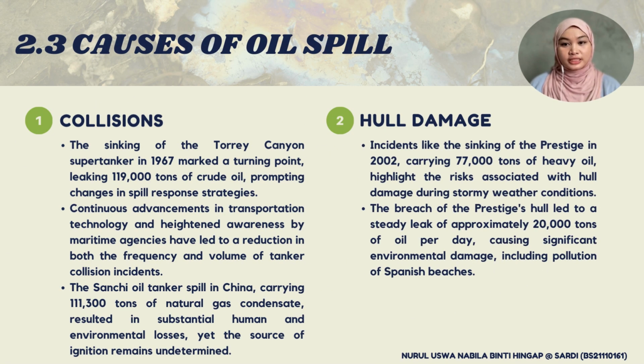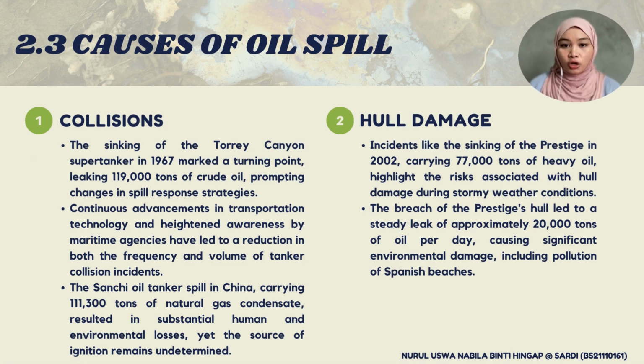Oil spills often stem from various origins, including tanker accidents resulting from collision and hull damage, as well as leaks from corroded pipelines and runoff from land-based sources. For instance, the Torrey Canyon tanker disaster in 1967 illustrates a tanker accident caused by a collision, which resulted in the release of 119,000 tons of crude oil.